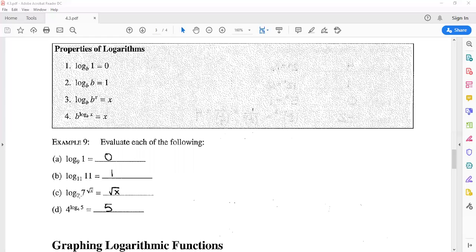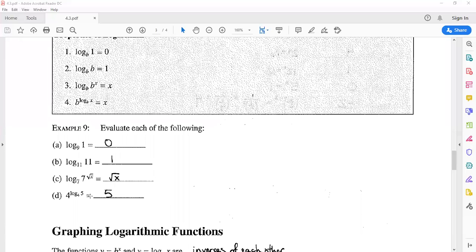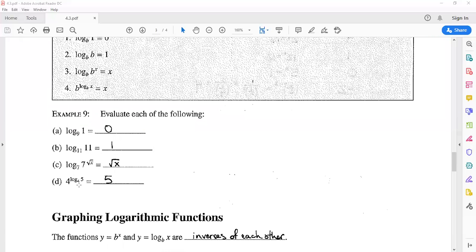Log base 7 of 7 to the square root of x will be the square root of x, corresponding to property 3 here. The idea is that exponentiation and log of the same base will undo each other and leave you just with the guy that's up here in the exponent. And the last one here says 4 to the log base 4 of 5. This corresponds to the last property up here, which says that we should just be left with 5.